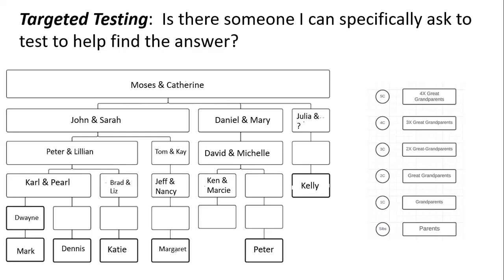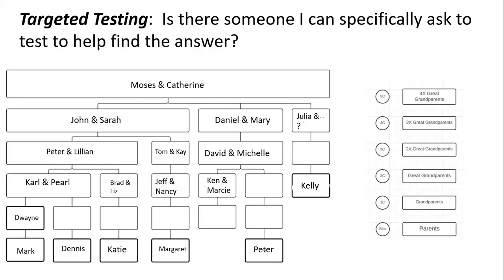If you're wanting to find that blank chart there under Ken and Marie, and you're looking at David and Michelle, no, let's forget that example. Look under John and Sarah. Say you're wanting to find Dennis's connection to it. You have got Mark, Dwayne, and Dennis that are siblings.